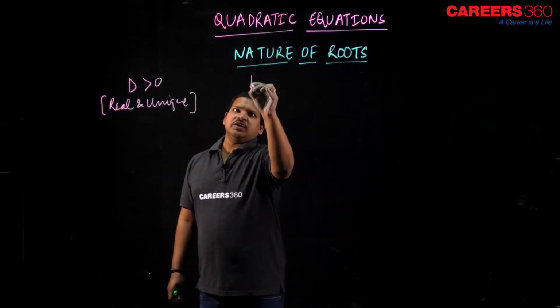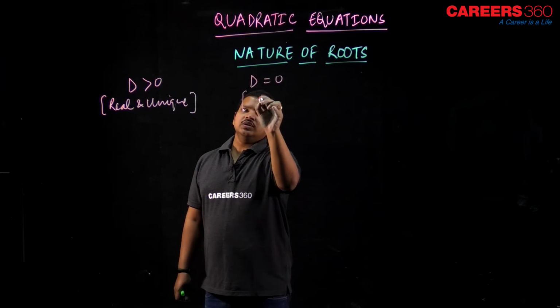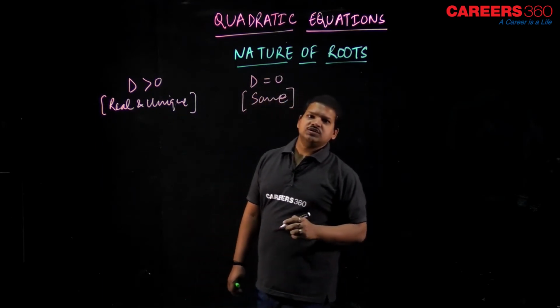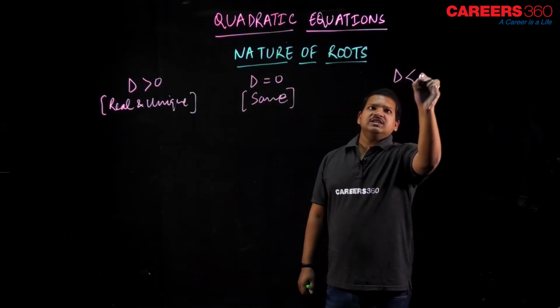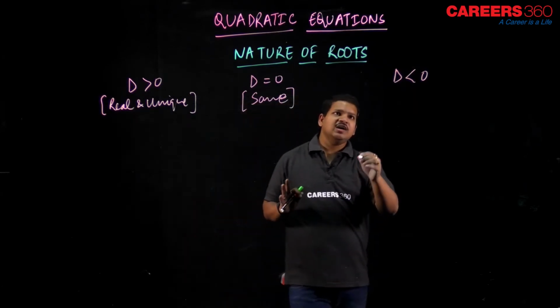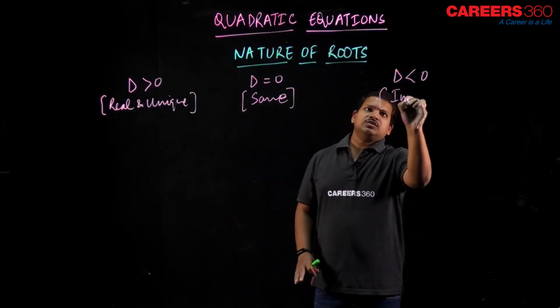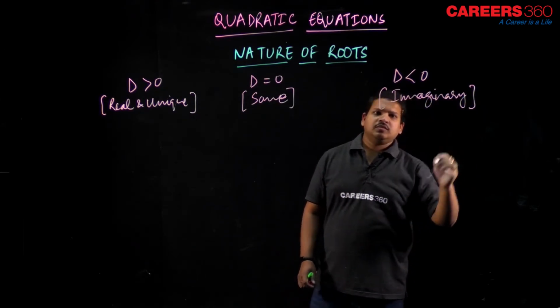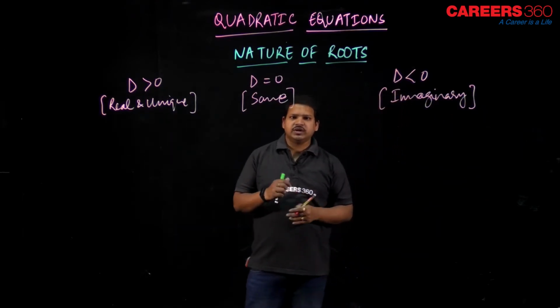What if D is equal to 0? Then both roots have the same value. Now what if D is less than 0? Then we'll have imaginary roots, right?